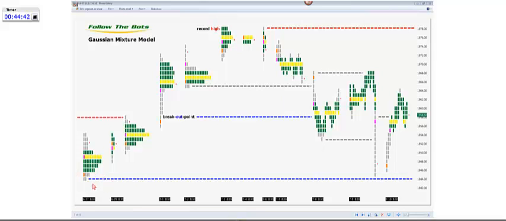So this low that you see indicated here down at or near 1944, coming into today's session, the distance between this high, yesterday's high at 1968, and this low was our Markov chain maximum likelihood expectation target for the pullback.